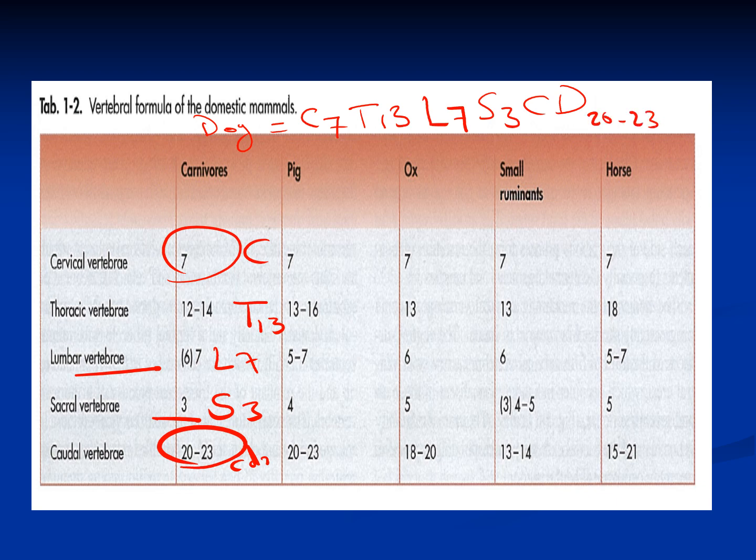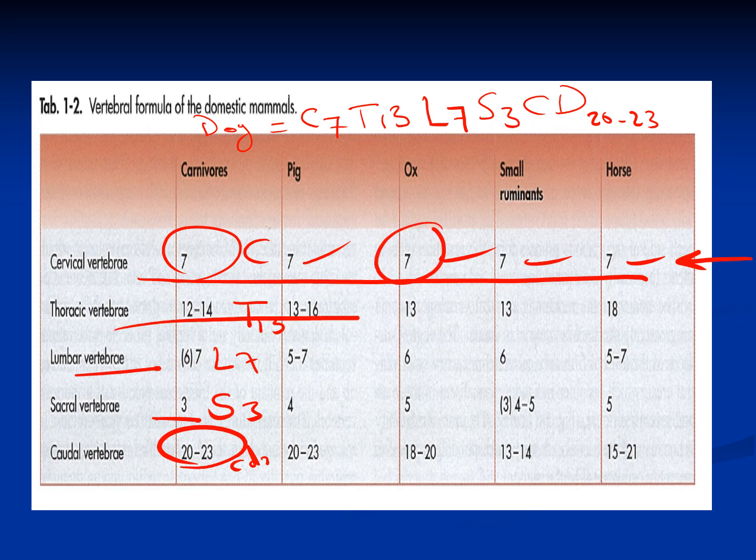For pigs 7, for ox 7, 7 for the cervical vertebrae. So we can see from here that for all animal species, no matter how long their neck is, the number of cervical vertebrae is 7. Even in the giraffe, the number is 7. In the thoracic, mostly there are 13, except for the horse with 18.